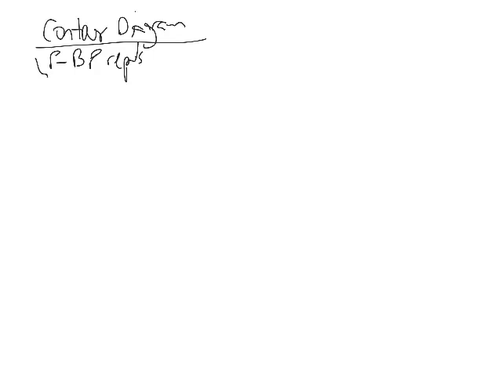Okay, so lastly, we are going to draw our contour diagram for bromine pentaiodide. And again, as a note, the lone pair to bonding pair repulsion is greater than the bonding pair repulsion. So let's go ahead and draw it. Alright, to draw, again we place bromine as the central atom.